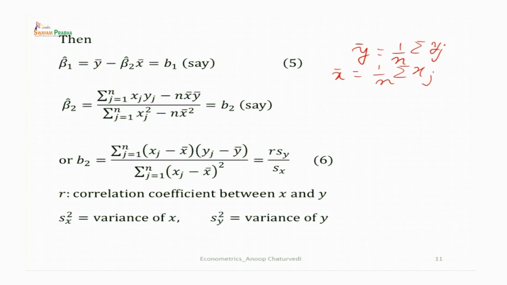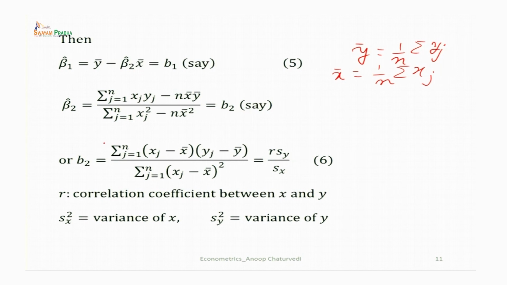Again solving those two equations, you obtain beta 2 hat equal to summation x j y j minus n times x bar y bar divided by summation x j square minus n times x bar square, and we write it equal to b 2. Alternatively, this numerator is equal to summation over j of (x j minus x bar)(y j minus y bar), and the denominator is equal to summation over j of (x j minus x bar) square.